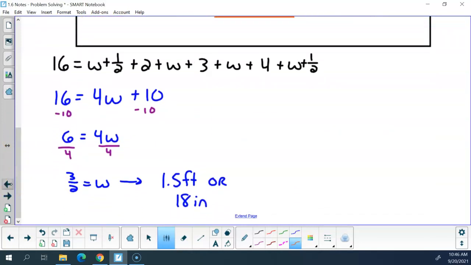So 1.5 and 2 are not acceptable answers here. 18 and 24 are not acceptable answers here. Your description? Yes. 1.5 away from each other and 2 away from the wall. Okay.